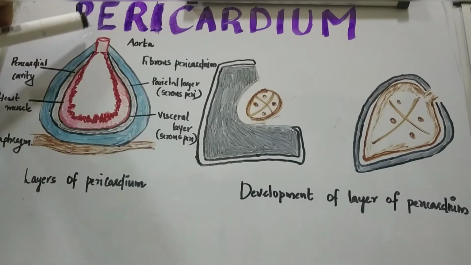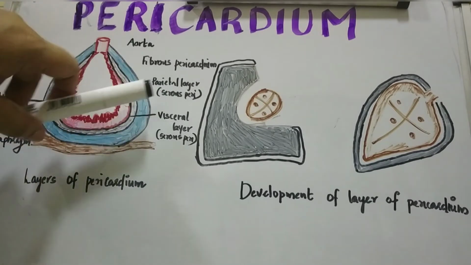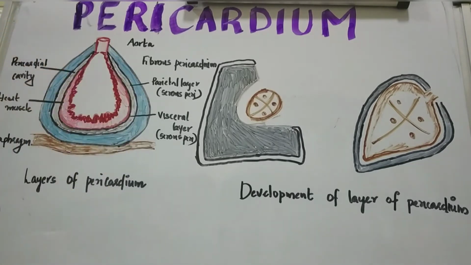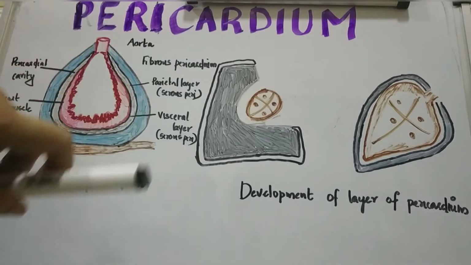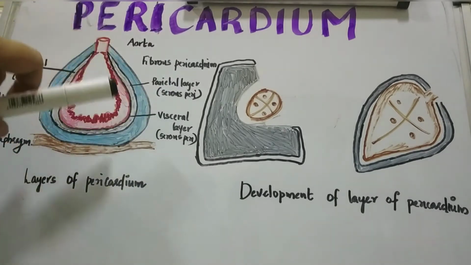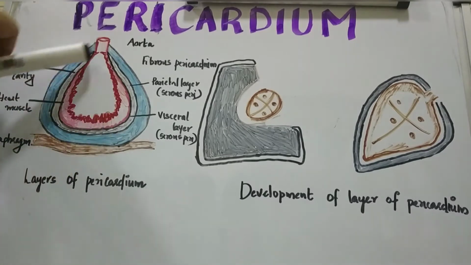Here you can see the outer fibrous layer of the pericardium and the inner serous layer. The inner serous layer is again divided into the outer parietal layer and the inner visceral layer.